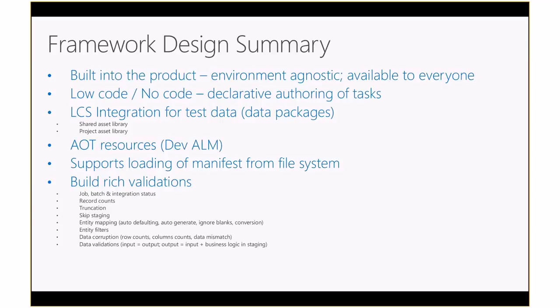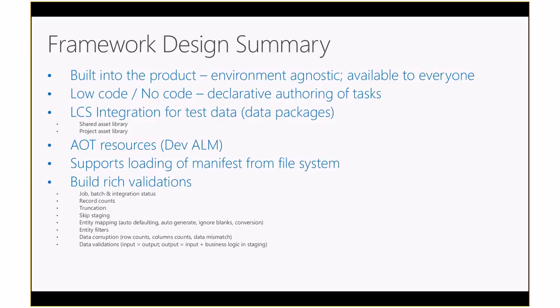The next one, when we say AOT resources, is purely from a dev ALM perspective. So if we take a look at the configuration of data projects as a scenario, then very soon one realizes that it will be really nice if the configuration management of data projects and recurring schedules was integrated with the dev ALM itself, the overall ALM itself. And that is what we mean by AOT resources: the manifest that somebody will write for these tasks to be automated.